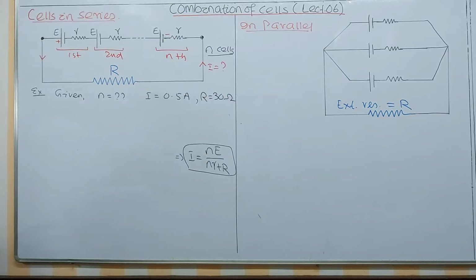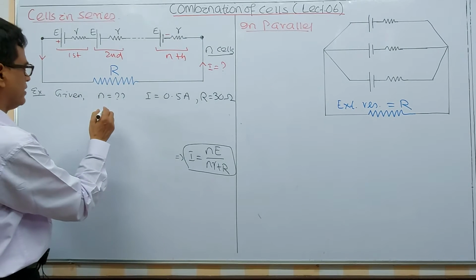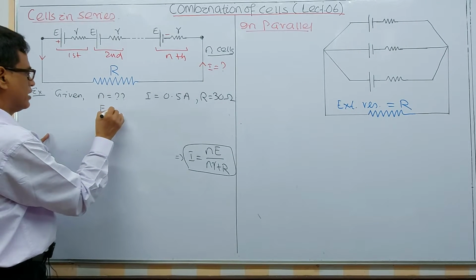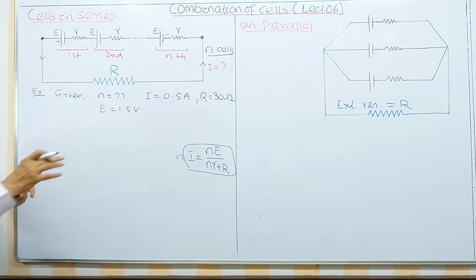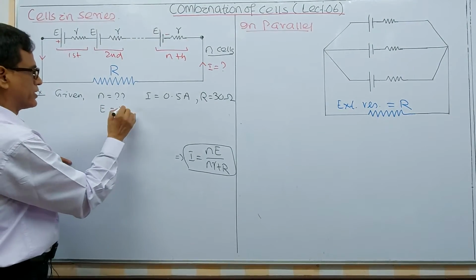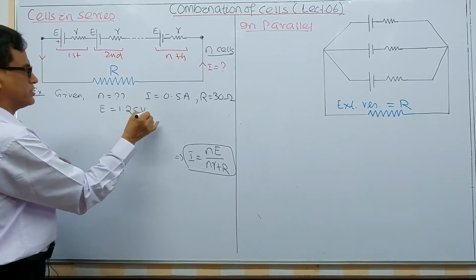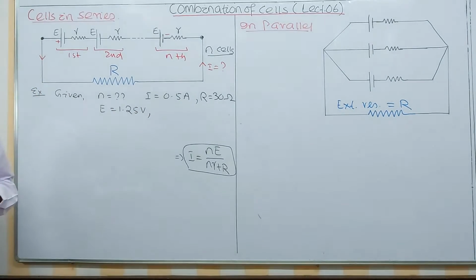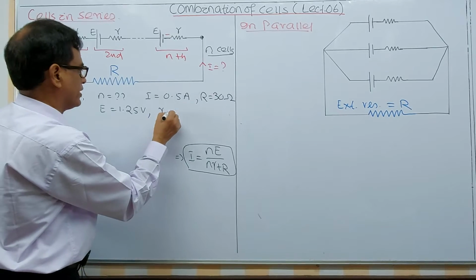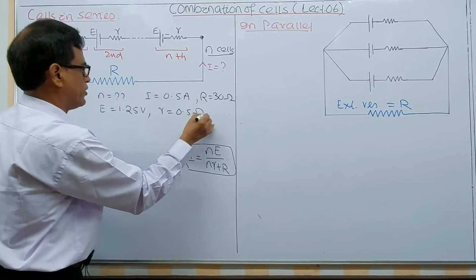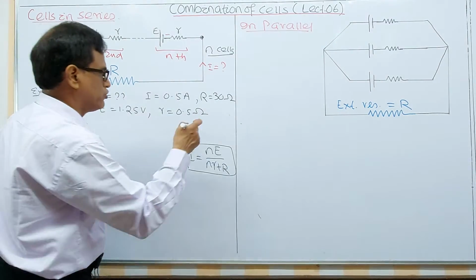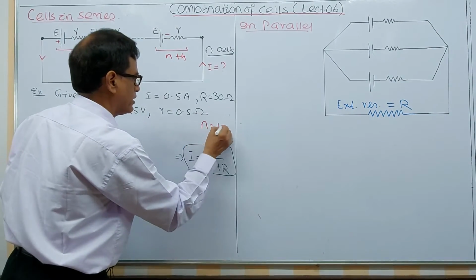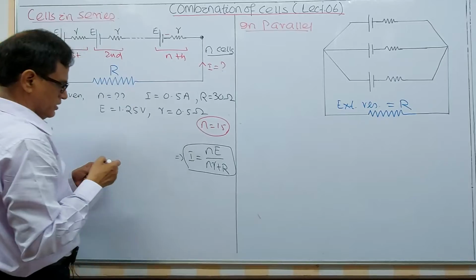Now the EMF and internal resistance of each cell: EMF of each cell is given as 1.25 volt, actually for easy calculations 2.5 volt, and r for each is 0.5 ohm. And this has been asked in your board exam, and the number becomes 15.